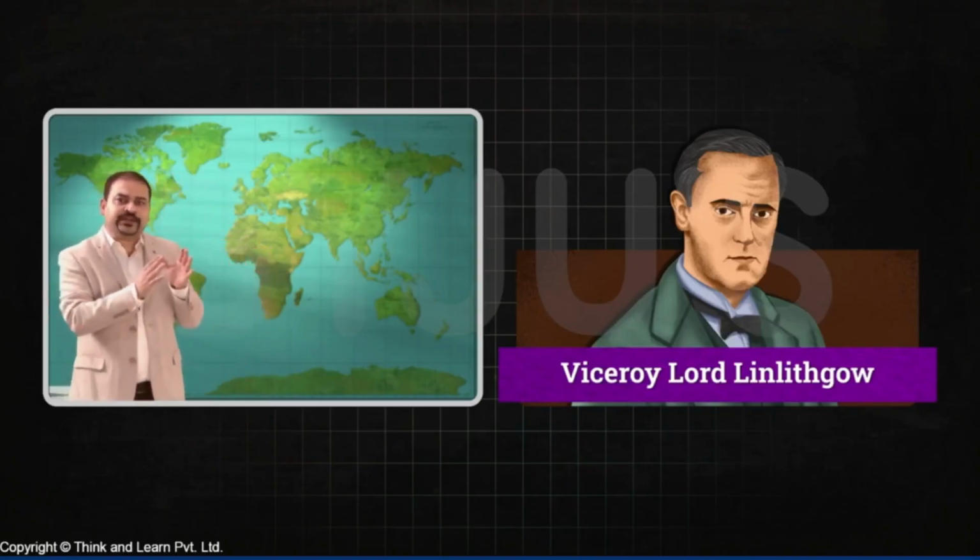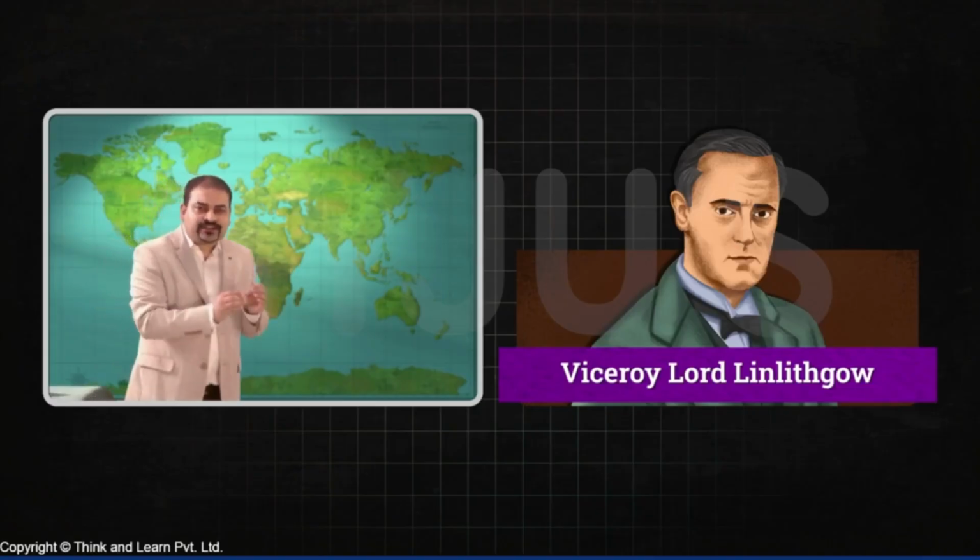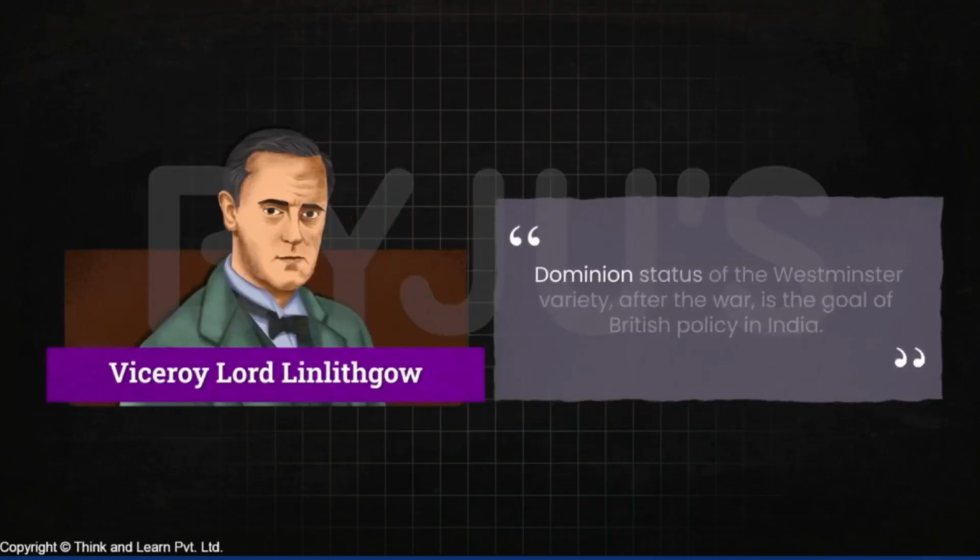However, in January 1940, the then Viceroy stated that Dominion status of the Westminster variety after the war is the goal of British policy in India. Congress did not want to accept anything less than complete independence for the country, and declared that they wouldn't support the war efforts of the British in the Ramgarh session of the Congress in 1940.